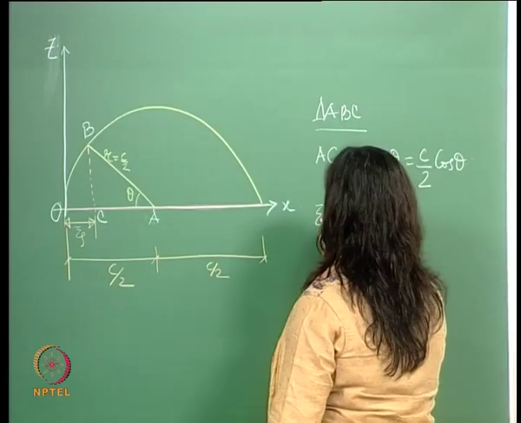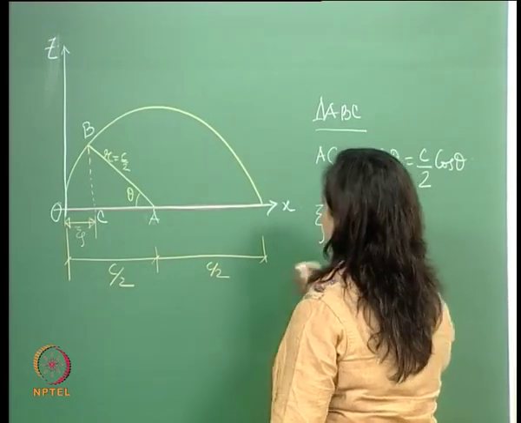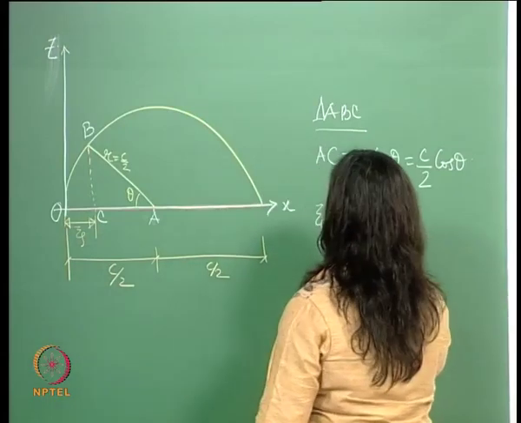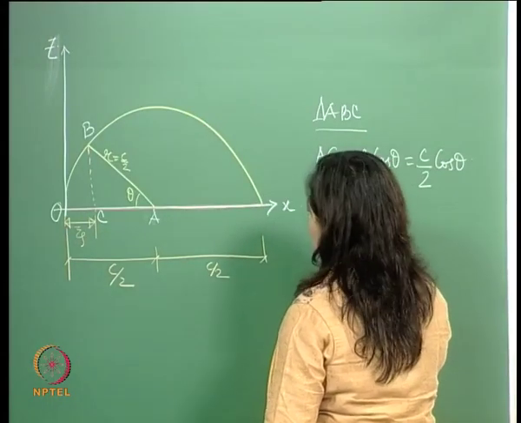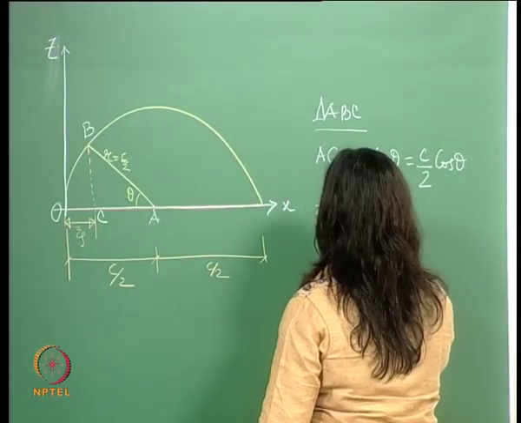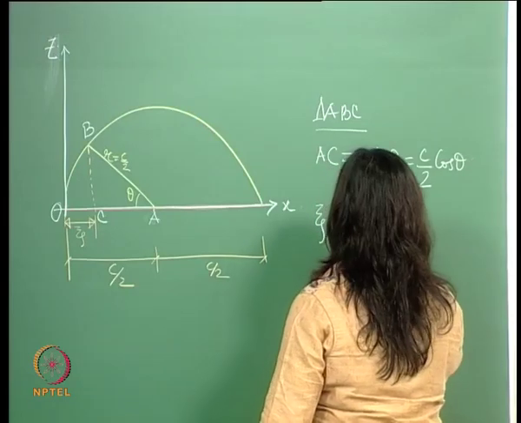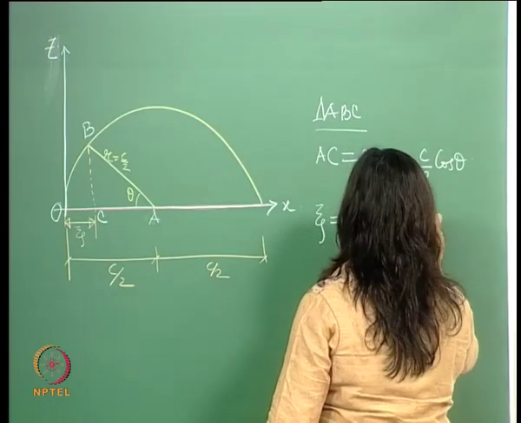Therefore z, which is essentially OC, is OA minus AC.